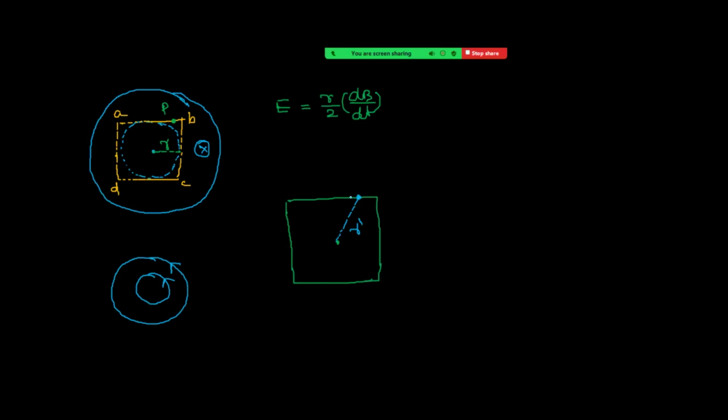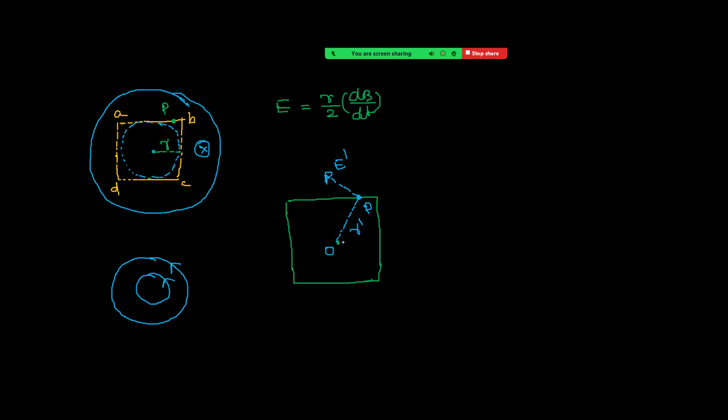If I take a circle with r dash as radius, at this point the direction of the electric field will be normal to OP. Let me take it as E dash.